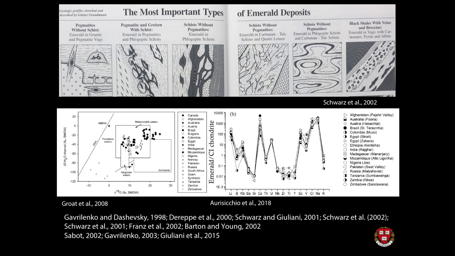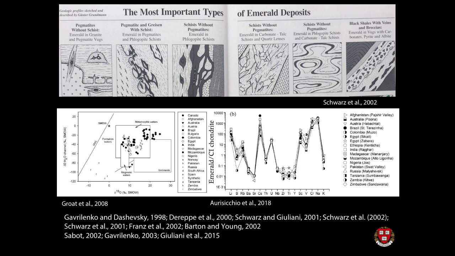And the other schist-type deposits can be classified as pegmatites without schist, pegmatite with schist, schist without pegmatites, and schist with different degrees of interaction of calcite and talc.